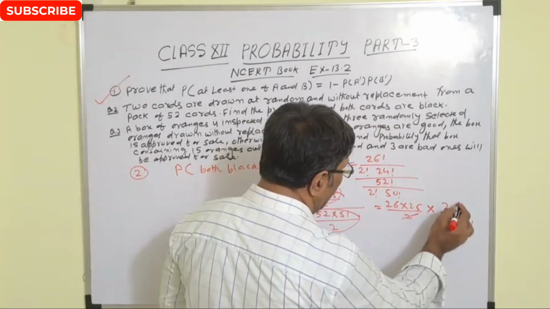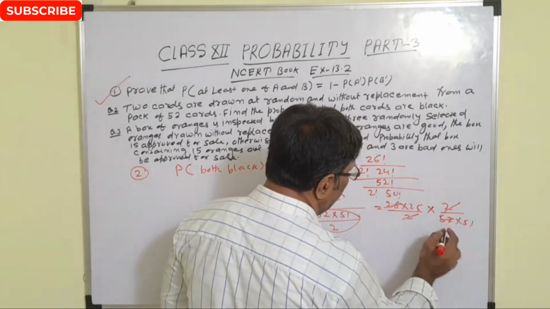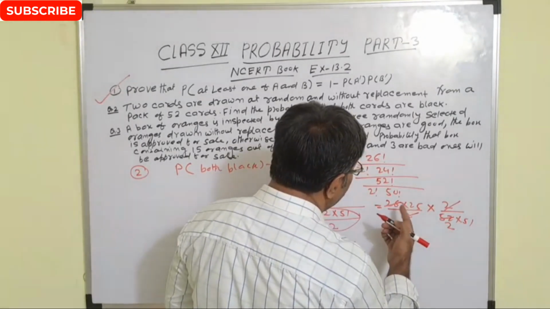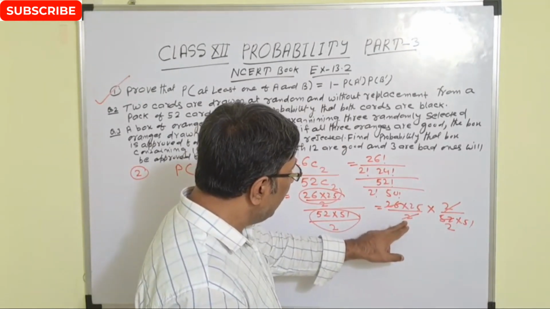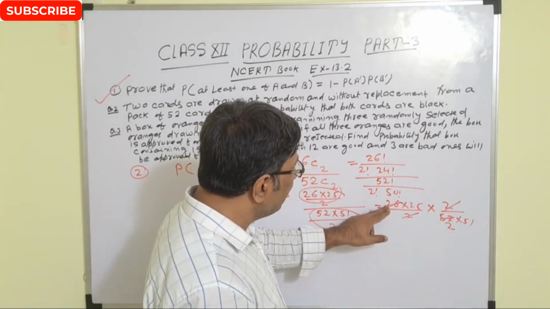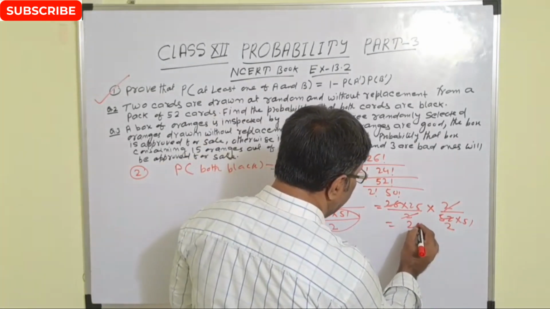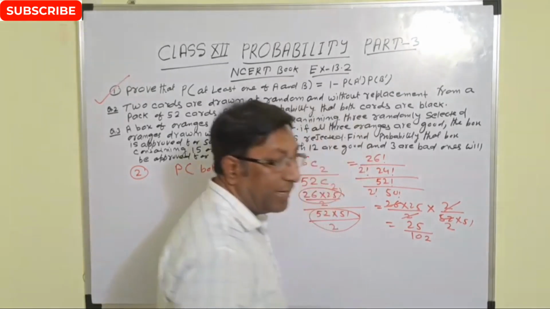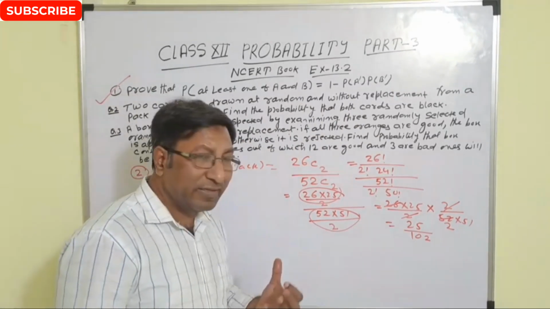Now this 2 and 2 cancel. 26 divided by 2 is 13. Then 26 into 25 by 2, times 2 upon 52 into 51. This 26 and 52 cancel, 26 twos are 52, and 2 and 2 cancel out. So we get 25 divided by 2 into 51, 2 ones are 2, 2 fives are 10. So our correct answer is 25 upon 102.